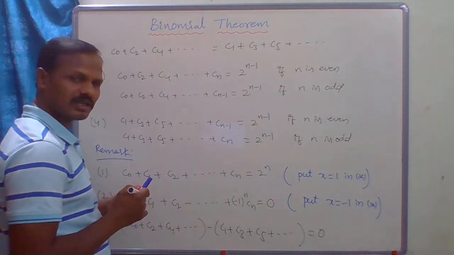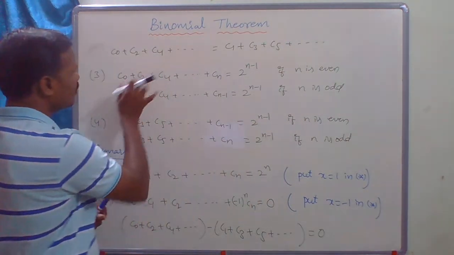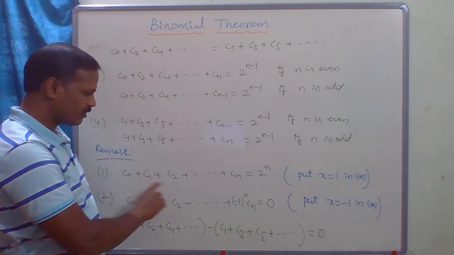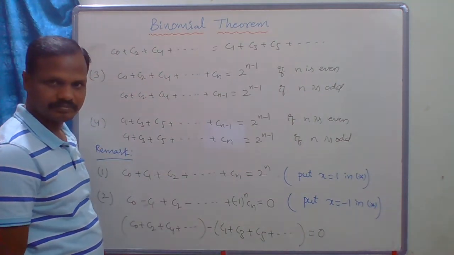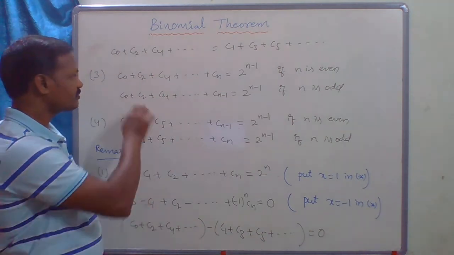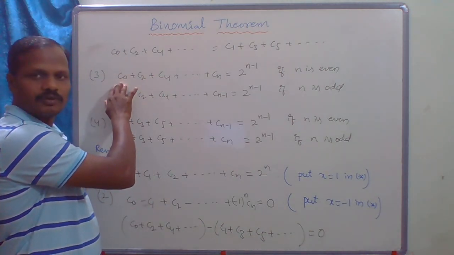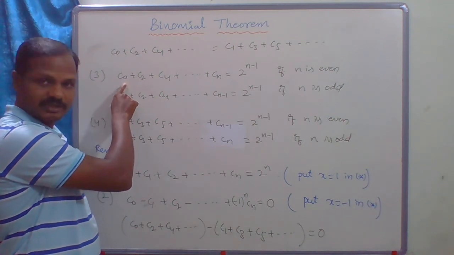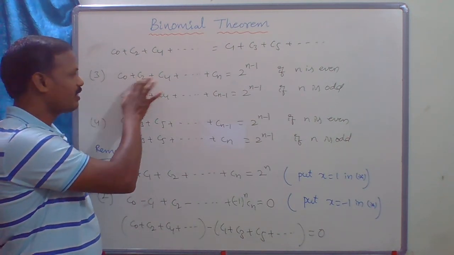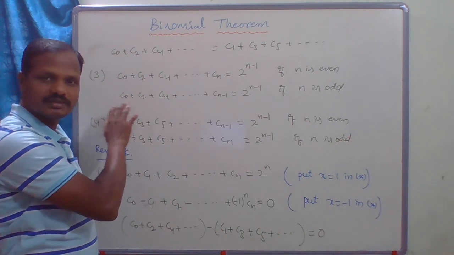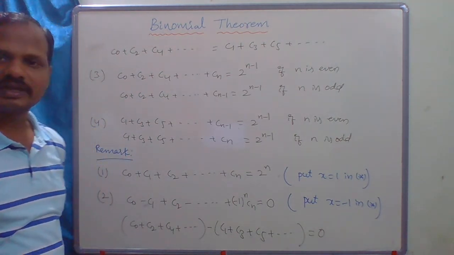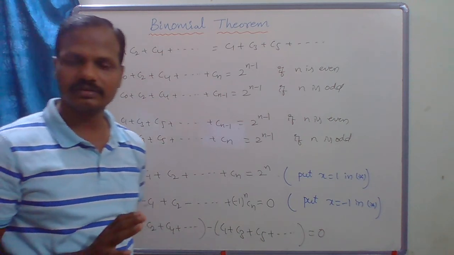So don't bother about the even or odd condition. Just remember, the sum of the coefficients is 2^n. The sum of the coefficients of the odd terms, don't confuse, the first term counts as the first, is 2^(n-1), and the sum of the even terms is also 2^(n-1). Is it clear? Okay, fine.